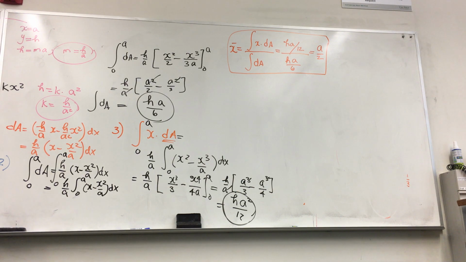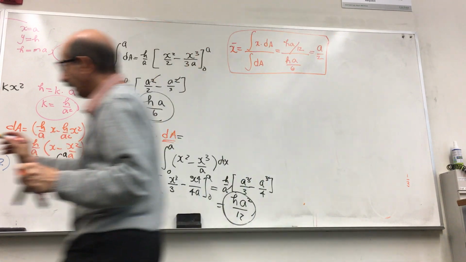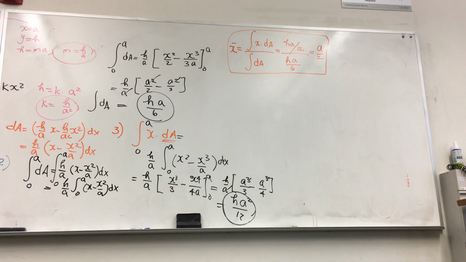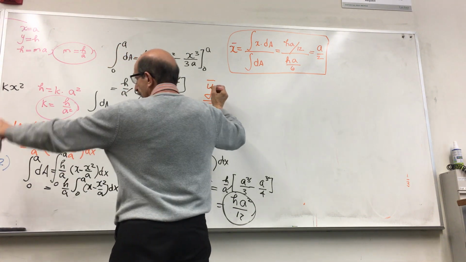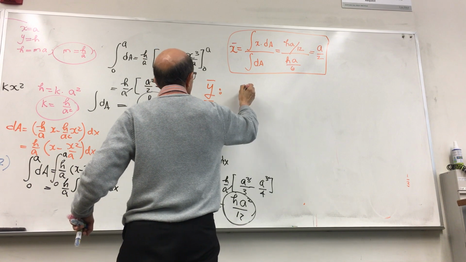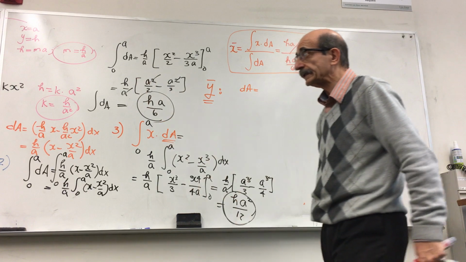Let me underline here so that these steps are clear where we are. So for y bar, we just need to evaluate dA for the purpose of setting up that integral.